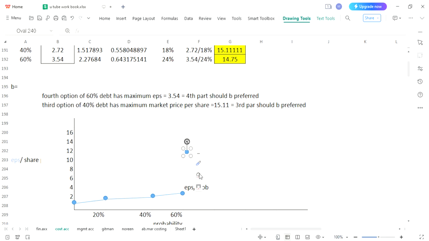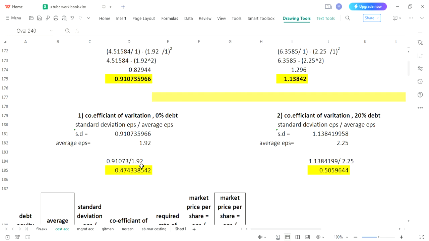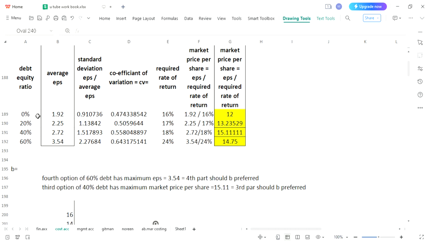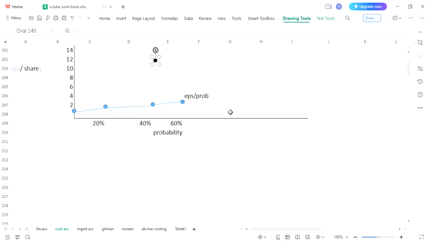We will change its color to black. Okay. Black is already your share price. Let's come and see how much we needed. For 0%, you need 12. This is 0%, and here is 12 as your sale price.